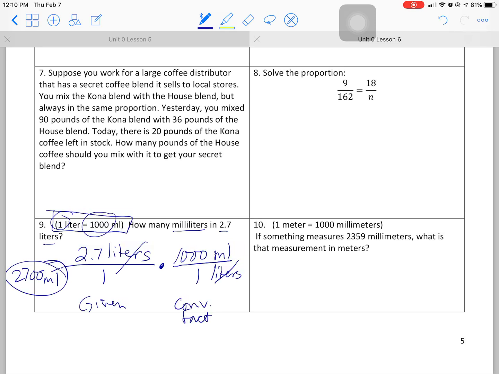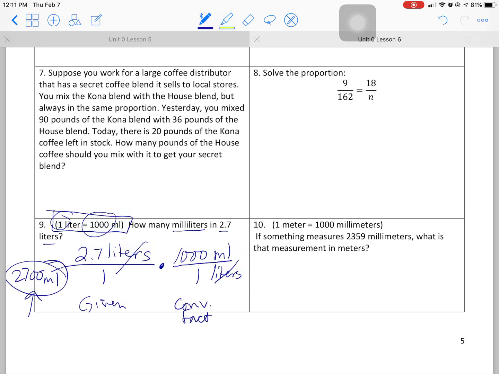That's a small unit, so it makes sense that the same quantity is going to have a much larger number if we measure it with something smaller. The same thing can have 2.7 liters in it, or we can say it has 2,700 milliliters in it. So we're going from big to small, and it would make sense our number went up for the same item without changing its measurement.